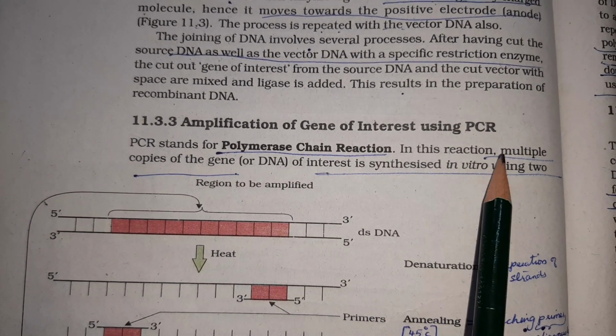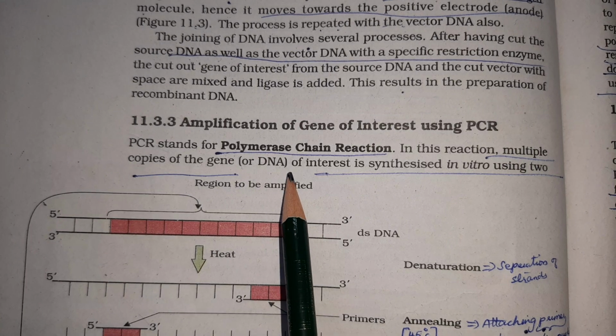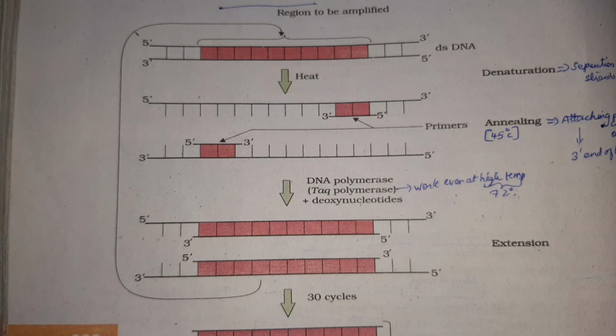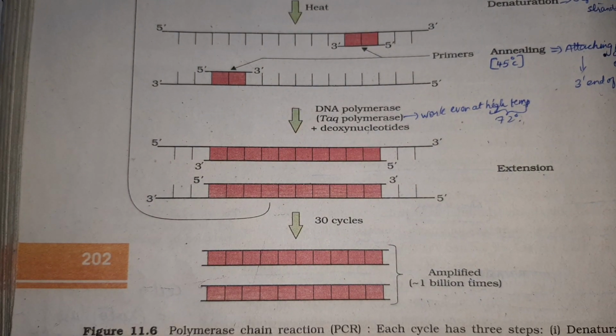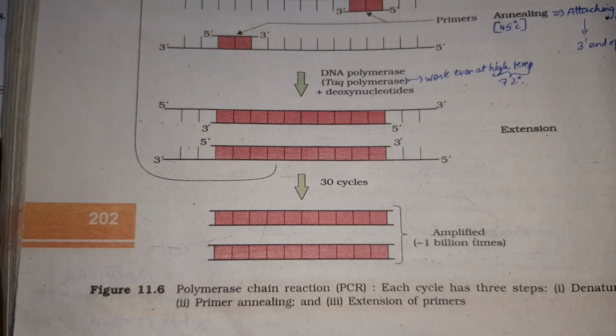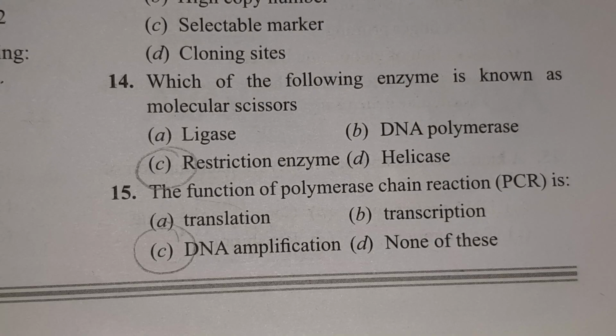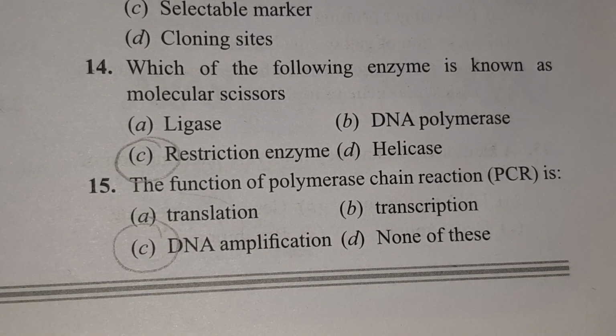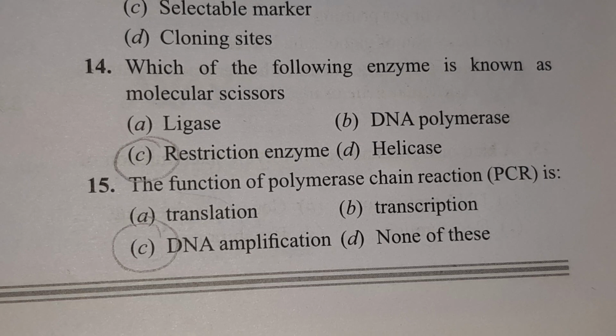In this reaction, multiple copies of a gene or DNA of interest are synthesized. The most important step is the last step, which is amplification. So, the answer for this question is amplification because the main function of PCR is to multiply the number of genes or DNA.